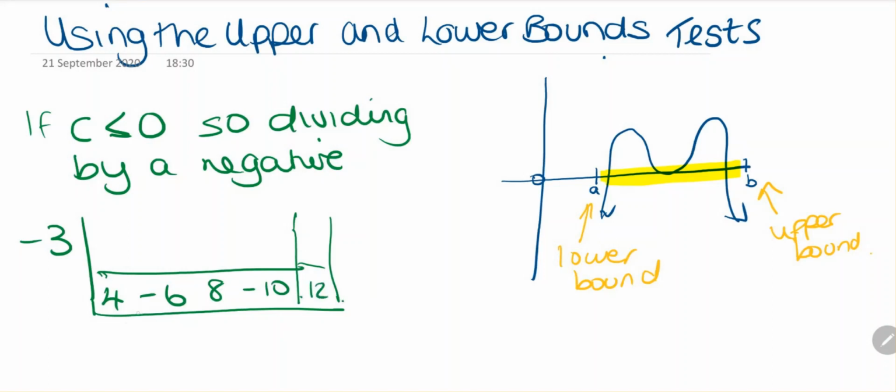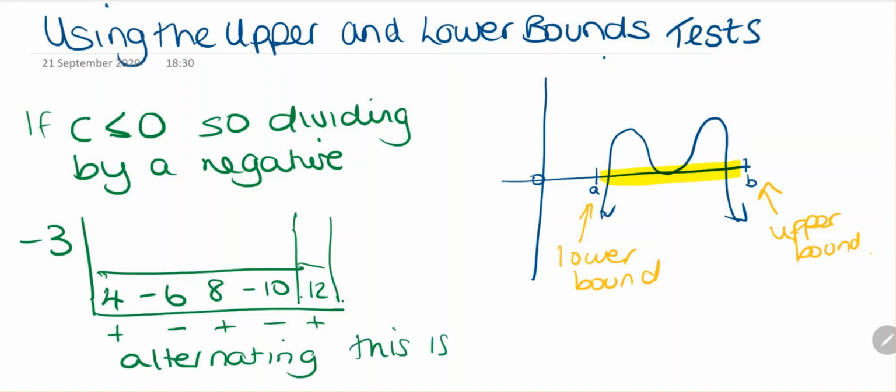We would have a positive, a negative, a positive, a negative, a positive. So they're alternating. If they're alternating, this will be a lower bound.